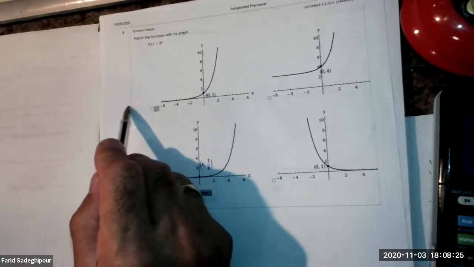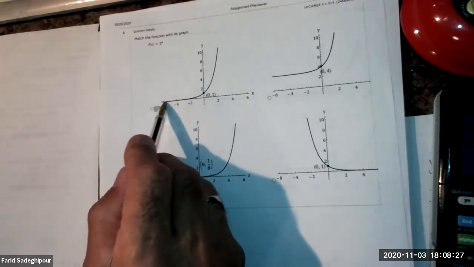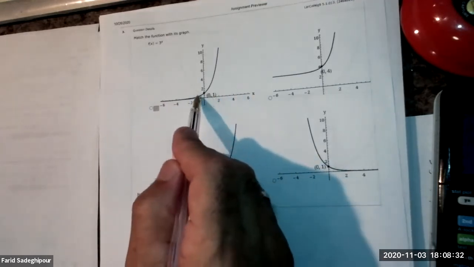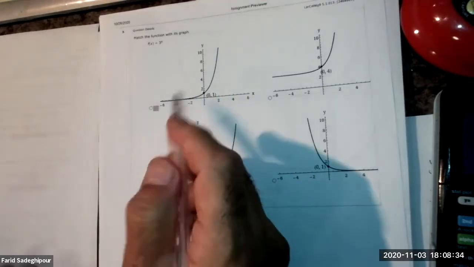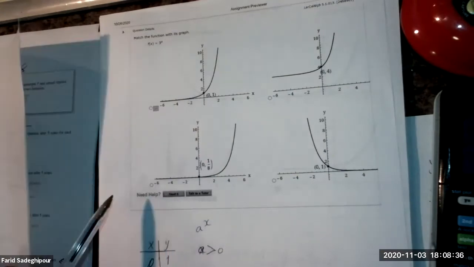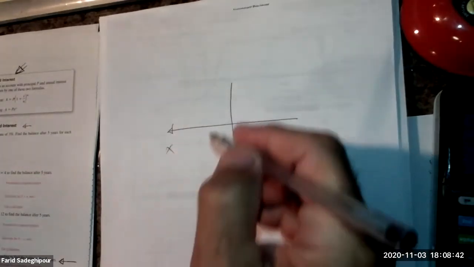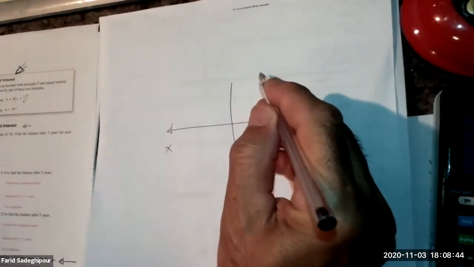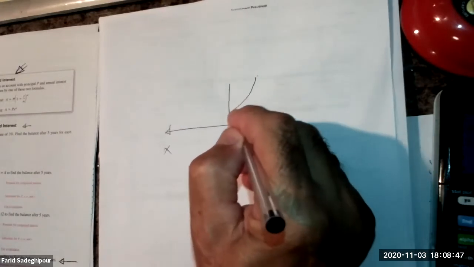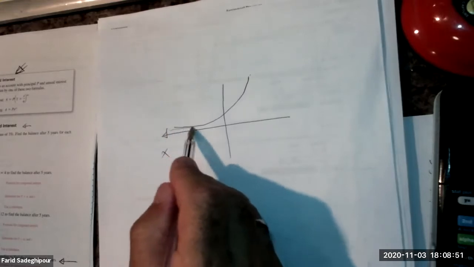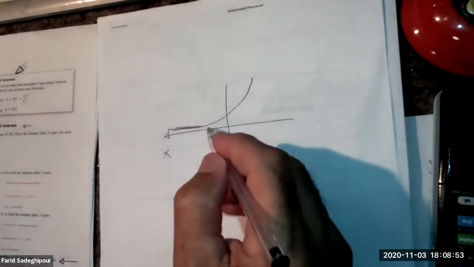It goes all the way parallel to the x-axis, but it never touches it. It doesn't intersect it. Okay, so if this is your x, let's say the graph comes and goes parallel to this one. It doesn't intercept it.